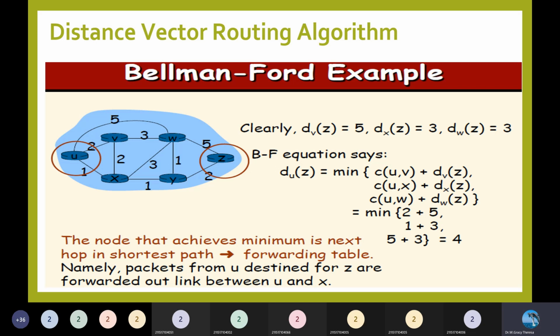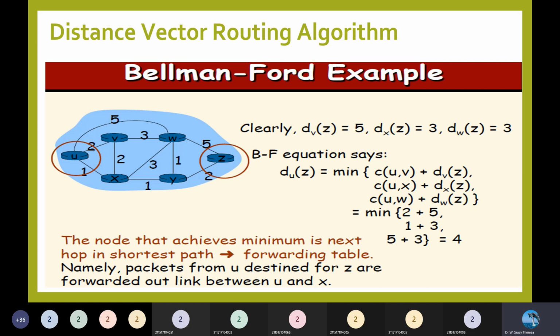That is higher than the previous path, V to W, W to Z, where the cost is only 8. This route will not suit, because according to the distance vector routing algorithm we want the minimum route, not the highest.